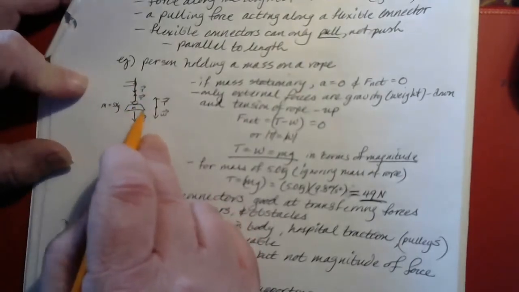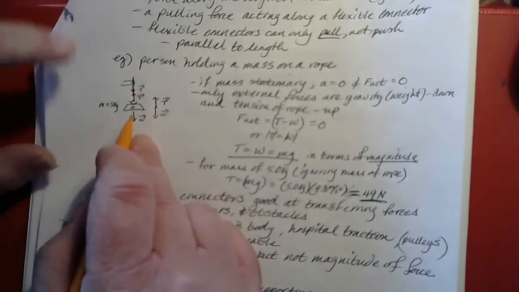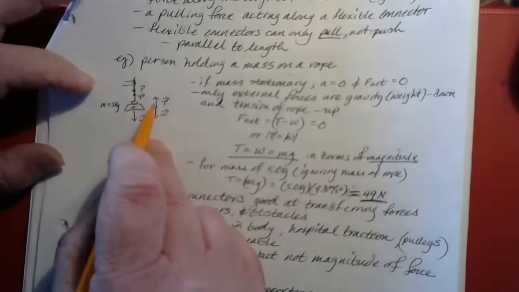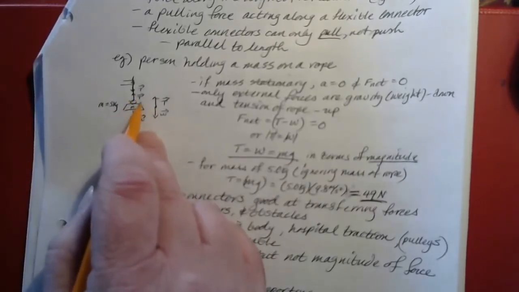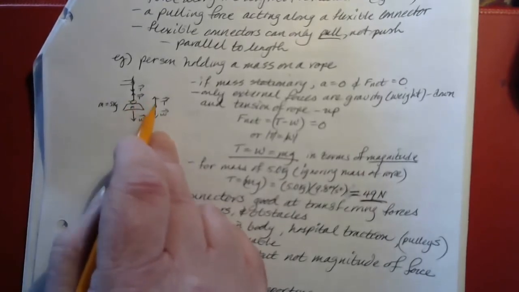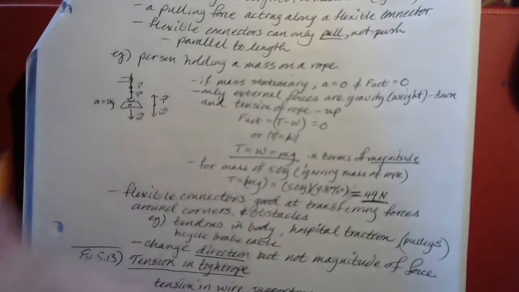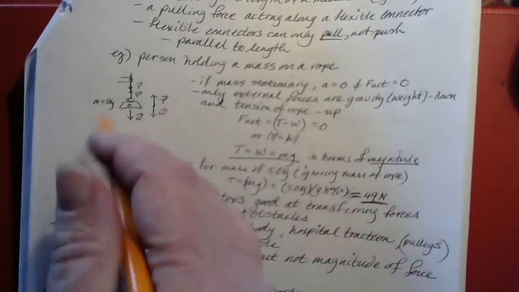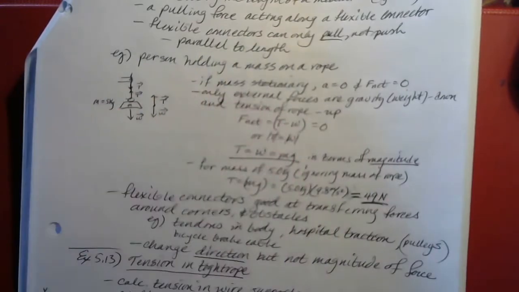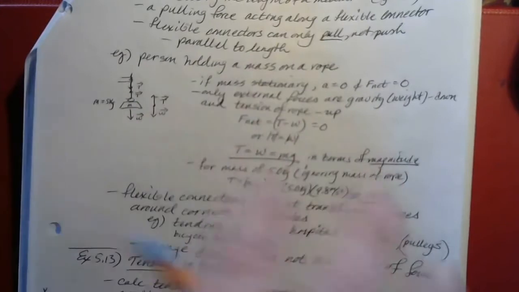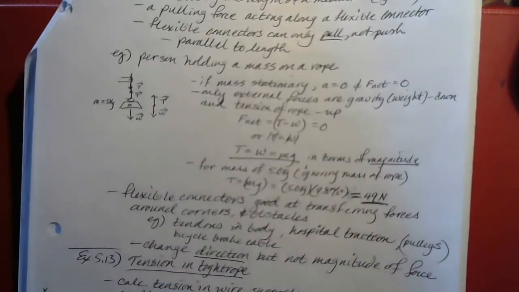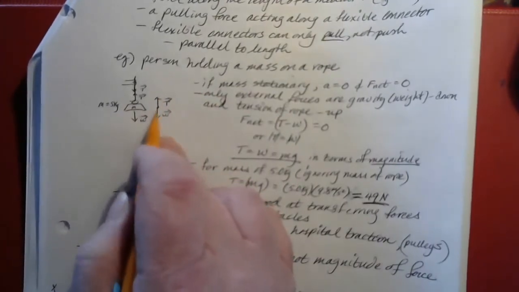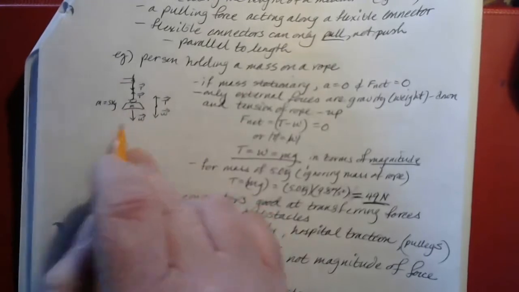Of course, because this item has mass, it will be pulled downward with a force equivalent to its weight, and the total tension in the rope or the string or whatever it is will have to be equal to the weight in order to prevent any kind of acceleration in the up or down direction. So if this object is just being held stationary on a string and it's not falling or rising with an acceleration, then the upward tension in the string must be equal to the downward weight on the mass.